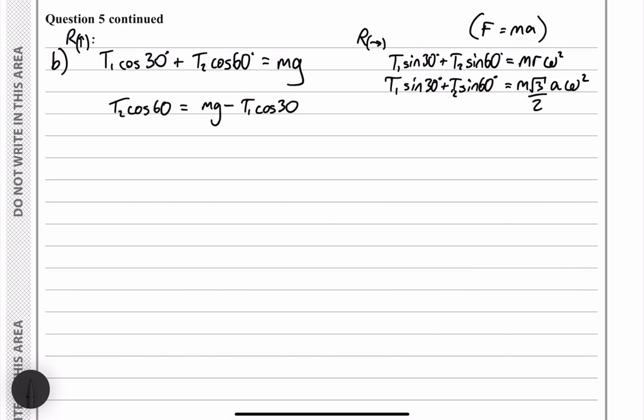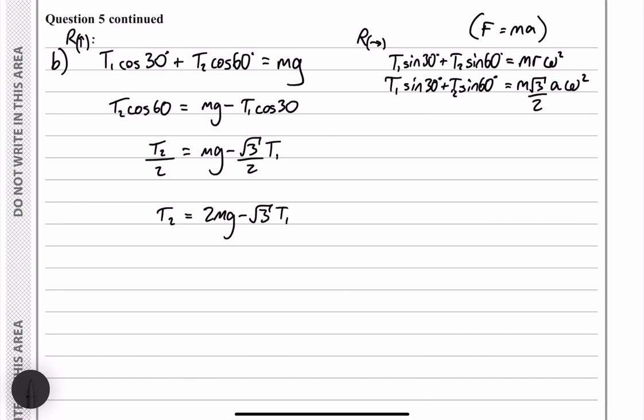And we know what those are, so let me put that in. That's a half, so that's T2 over 2, and this is root 3 over 2 T1. Multiply everything by 2, gives us 2mg minus root 3 T1 for T2.